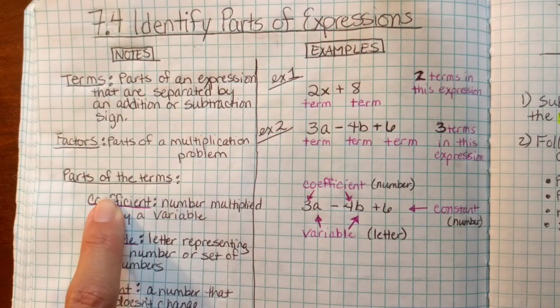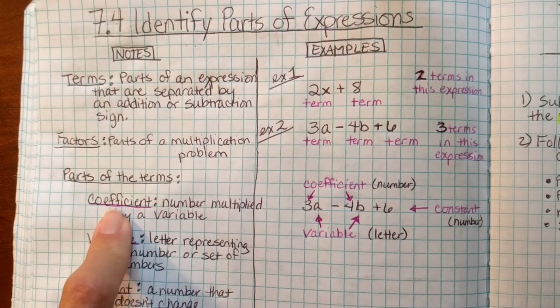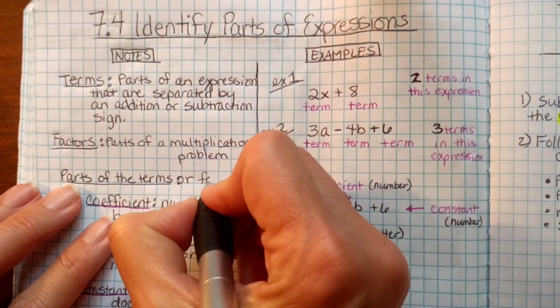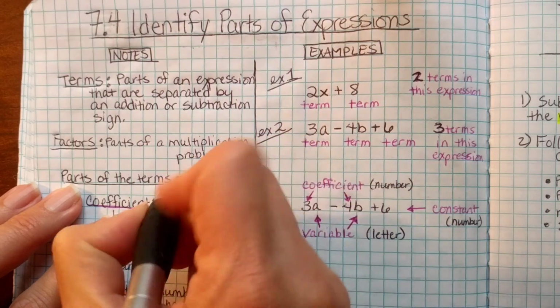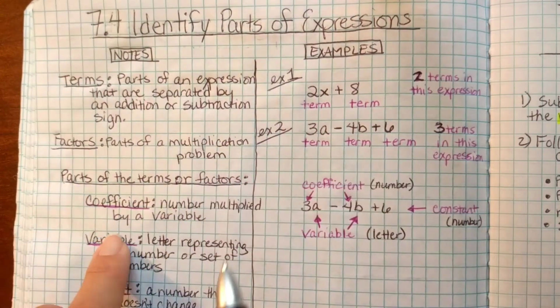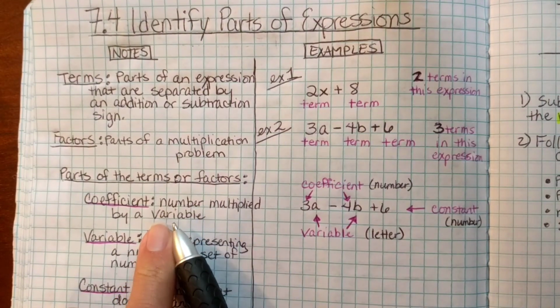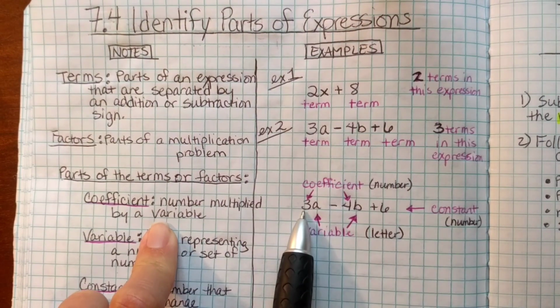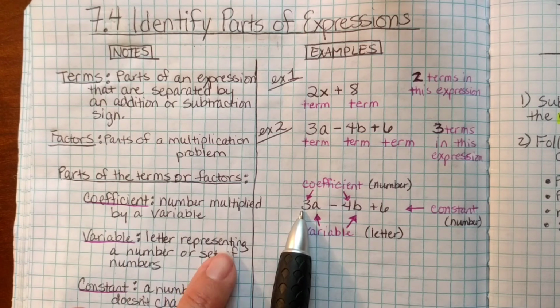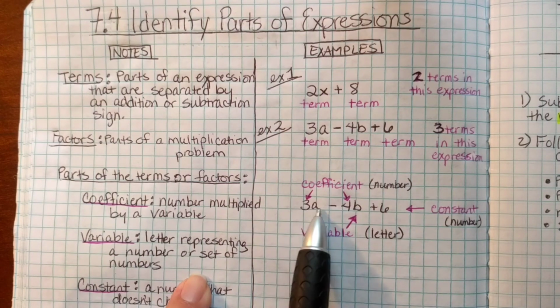All right, parts of the terms. We have a coefficient. I should change this, or factors. The coefficient is the number multiplied by a variable. So right here we have a coefficient. The variable is the letter representing a number or a set of numbers.